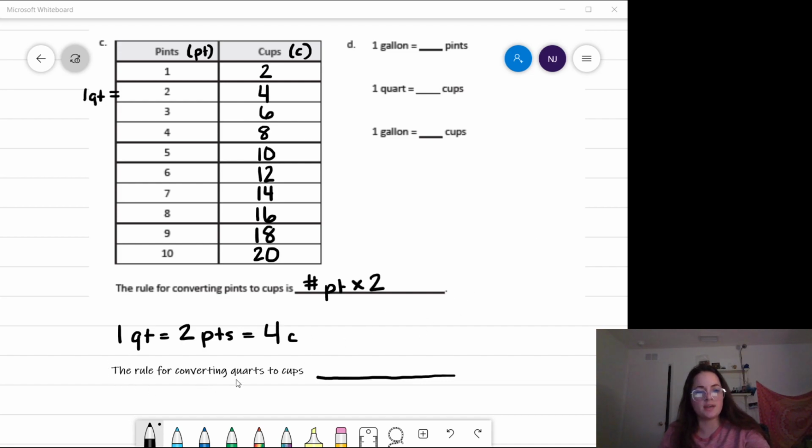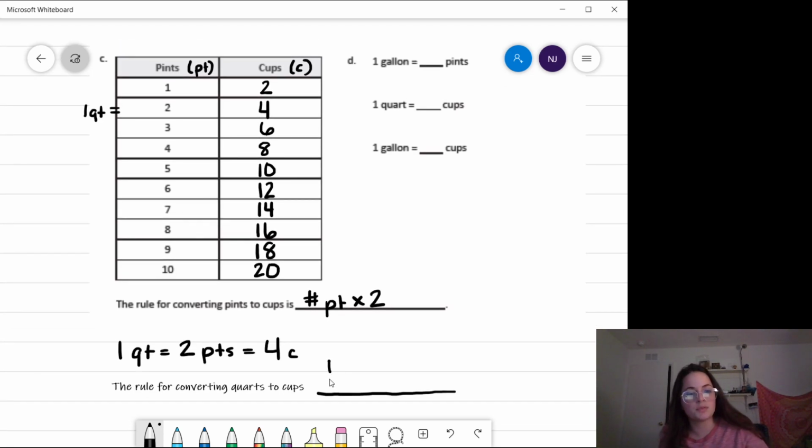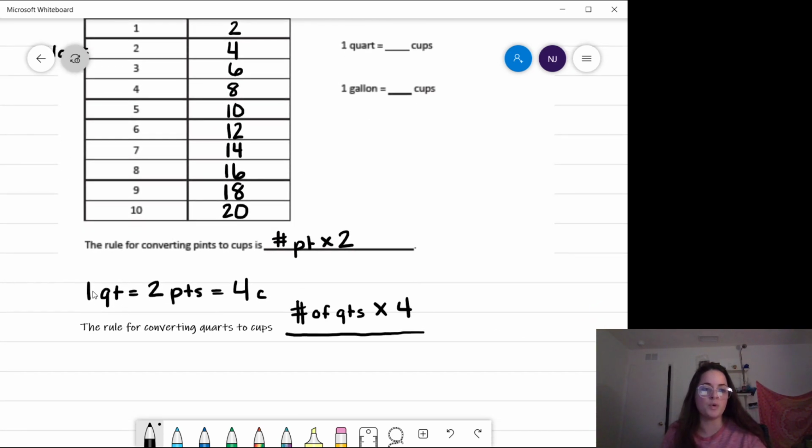So as you can see, I added this part here. So what is the rule for converting quarts to cups? I gave you a lot of think time on that one. So converting quarts to cups, we would take the number of quarts and multiply that times 4, because if we took 1 quart times 4, that does give us those 4 cups.